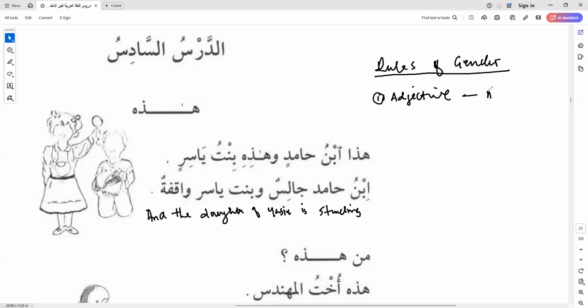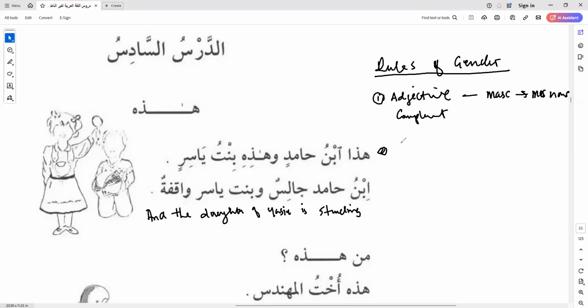We say a masculine adjective must be used with what? A masculine noun. Very, very important. Or you can say a masculine noun must move with a masculine adjective. Or you can also say complement. Right? And it's very, very important.